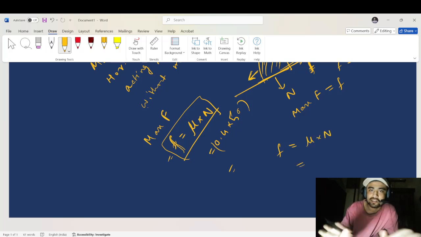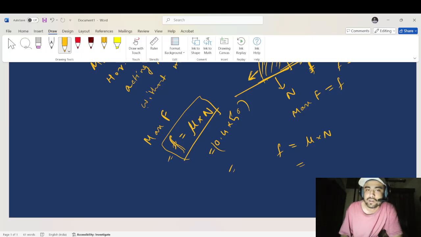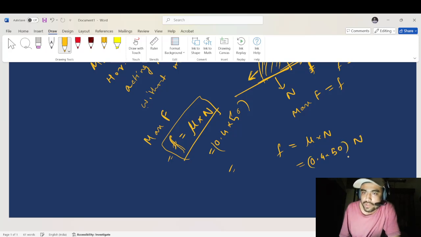I hope you can understand. I was writing at a different angle, but if you're watching on mobile, it will not be that much of trouble. So 0.4 times 50 will also be in Newton, right? This is a force. And 0.4, the coefficient of friction, is unitless. It doesn't have any unit.